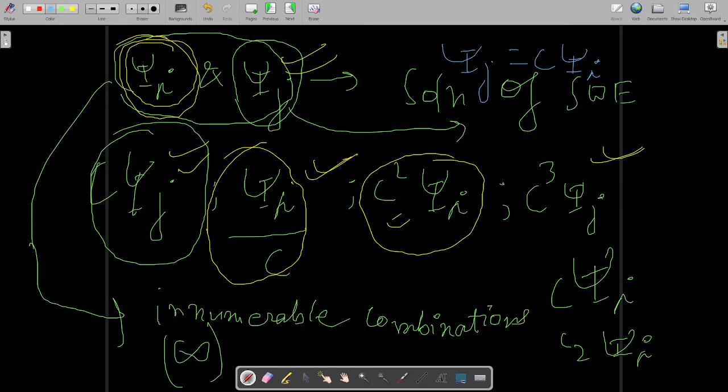But are these independent solutions? You are taking psi I and psi j differently, and you are also saying that psi j and psi I are related like this. So are they independent solutions? The answer is no, because c is a constant like 1, 2, 3, 4, half, etc. So basically they are not independent solutions, because this psi j clearly depends on psi I, and they are related by this relation.